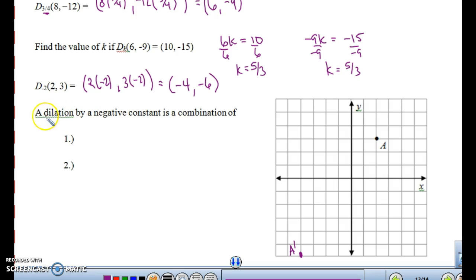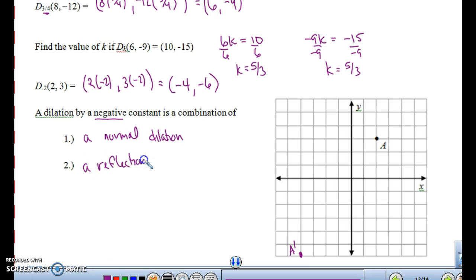Okay, so a dilation by a negative constant is a combination of a regular, or a normal, dilation of a factor of 3. It's still 3 times the distance away. But notice when we did the positive one, it went out this way. But the negative makes it also a combination of a reflection through the origin.